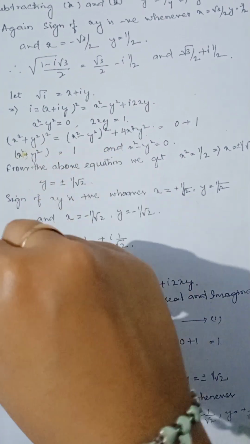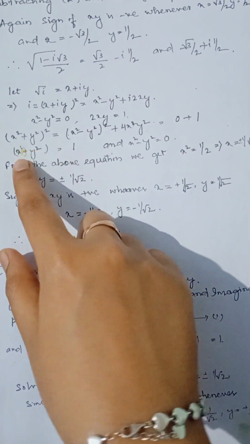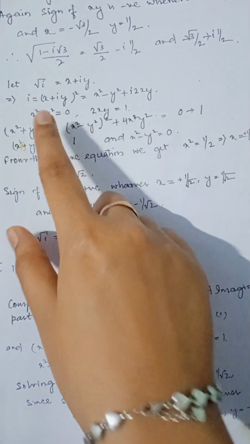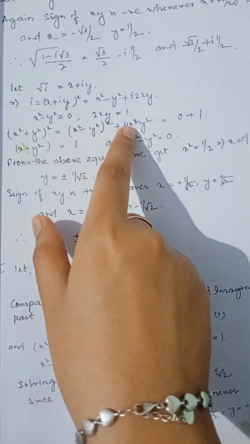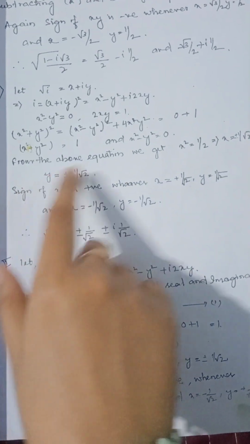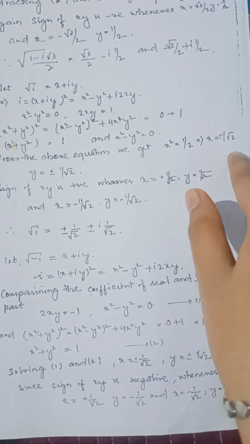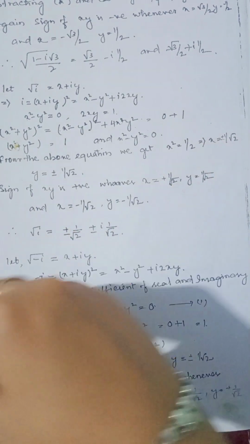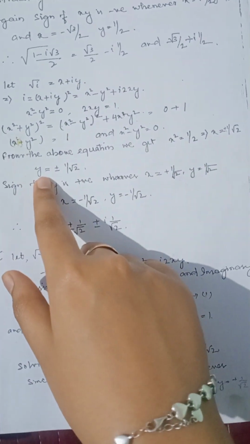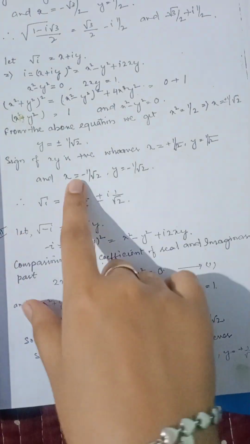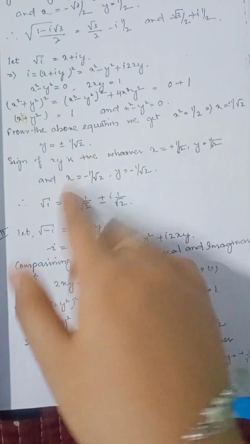By solving this, you will get x square plus y square equal to 1 and x square minus y square equal to 0. From this, x square equal to 1 by 2 and x equal to plus or minus 1 by root 2. So y equal to plus or minus 1 by root 2, as x equal to y from this.